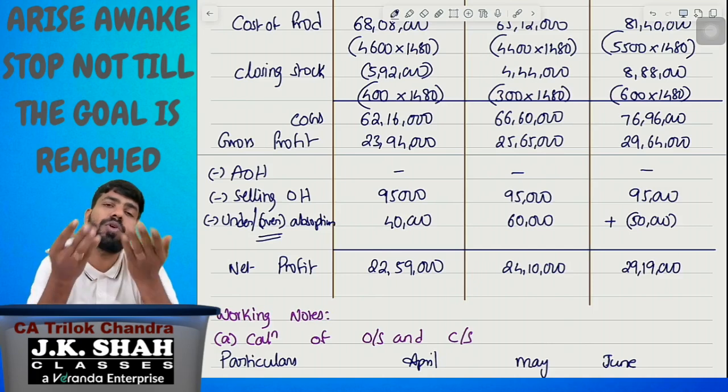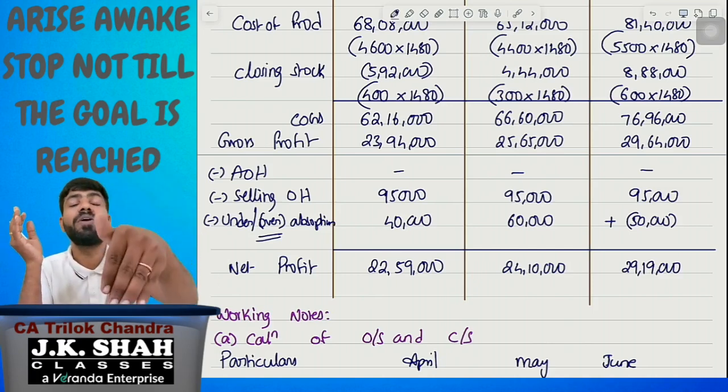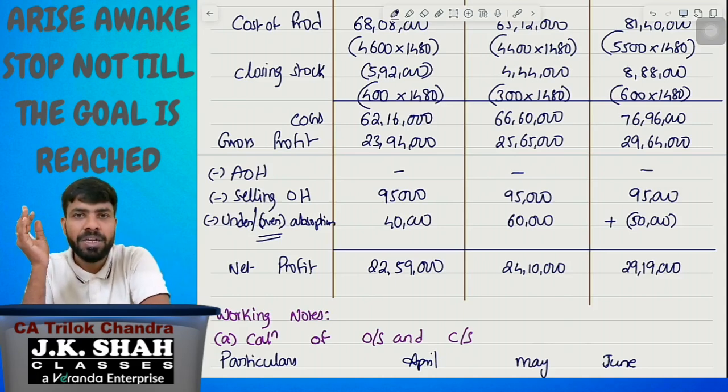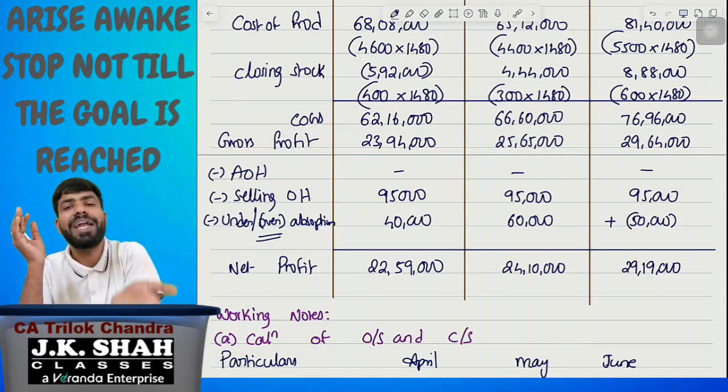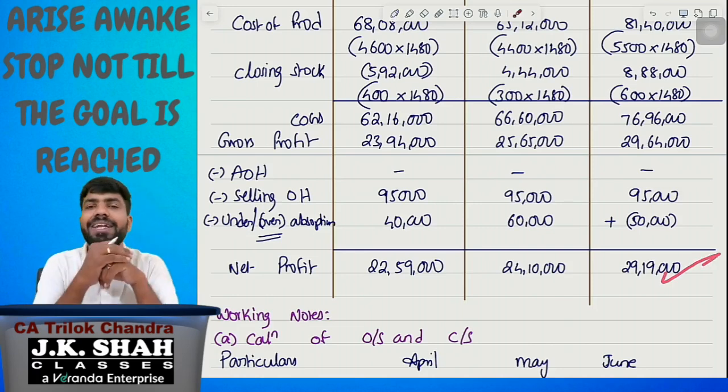Whatever decreased, I am adding back. Adding back 50,000: 29 lakh 64,000 minus 95,000 plus 50,000, you will be getting 29 lakh 19,000.